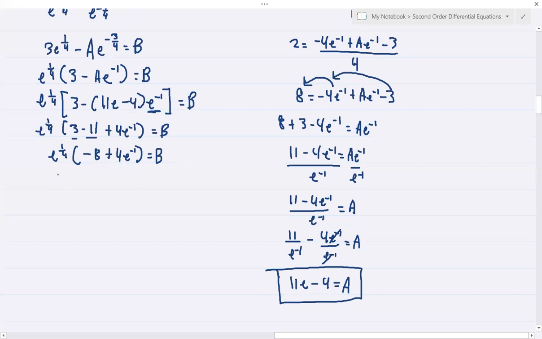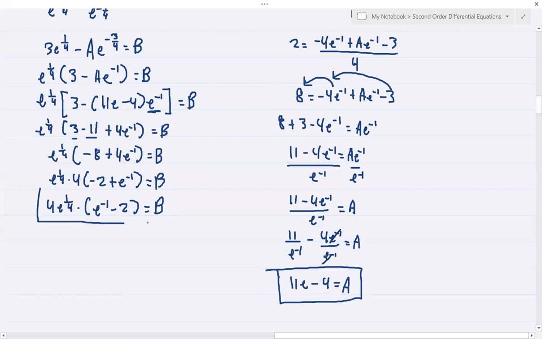We can factor out 4 here. So we will have e raised to 1/4 times 4 times quantity negative 2 plus e raised to negative 1 is equal to your b. So you will have 4 times e raised to 1/4 times quantity e raised to negative 1 minus 2 is equal to your b. I just basically rearrange the position of negative 2 and e raised to negative 1. So that will be now your b.